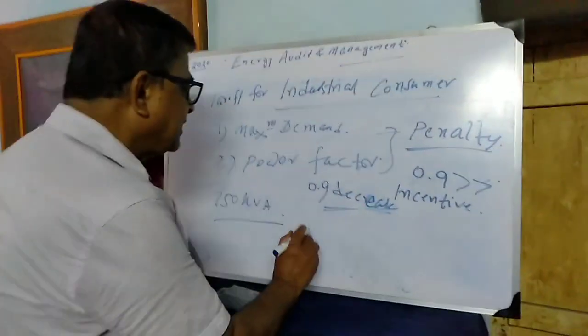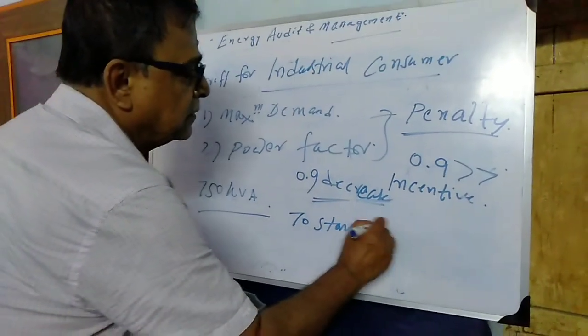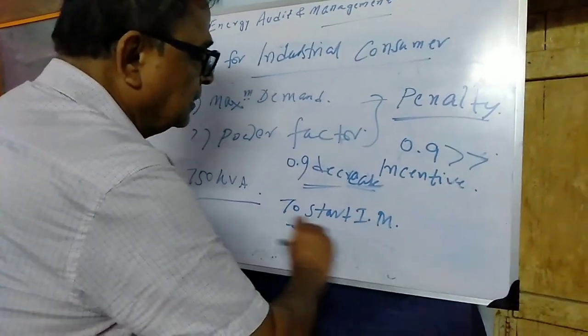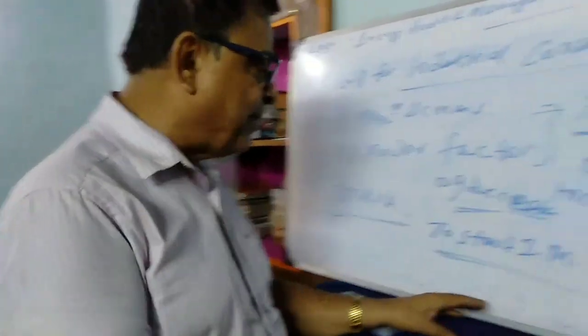So how do you control this? To start the induction motor, it will take approximately 7.5 times current.